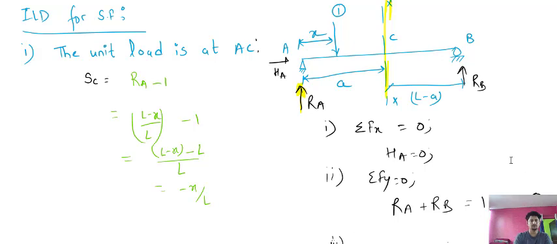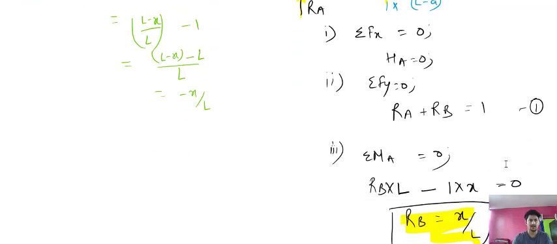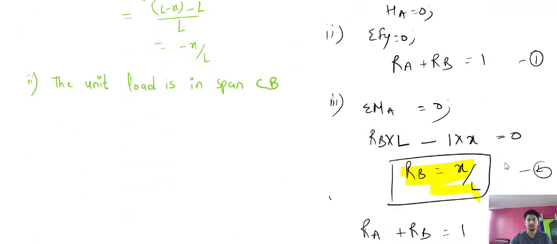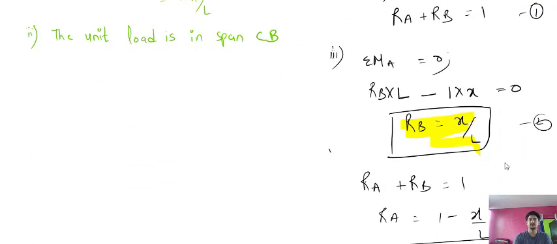Now you have to consider the second condition, that the unit load is in span CB. When this unit load is in span CB, what will be the equation?